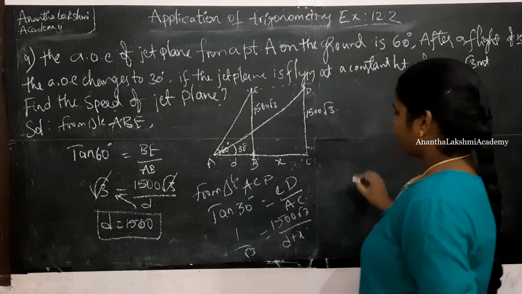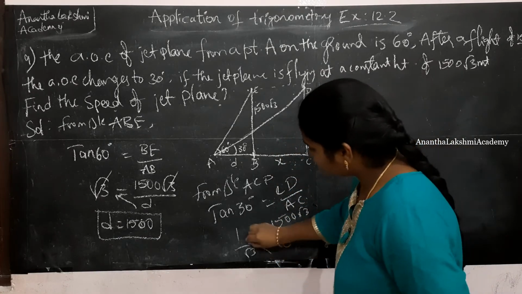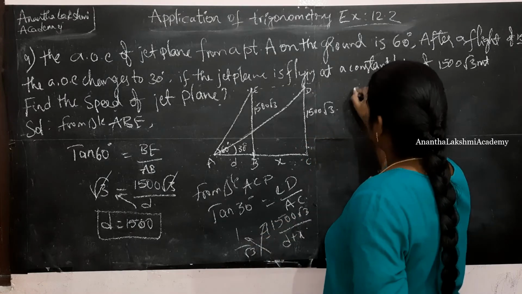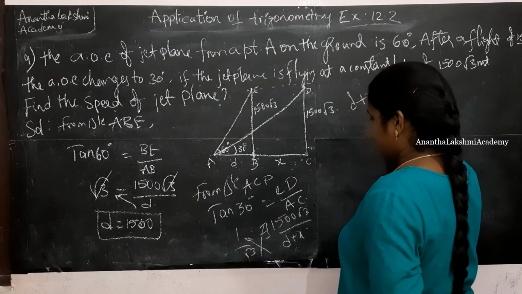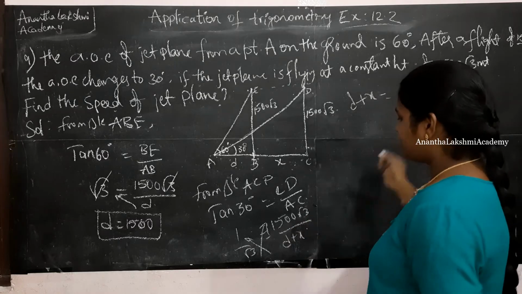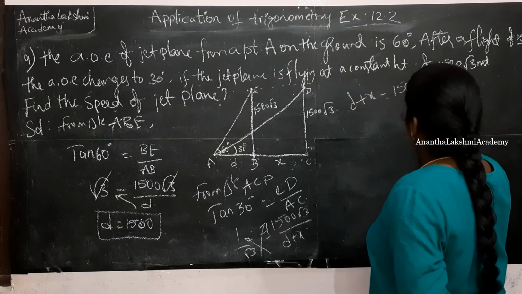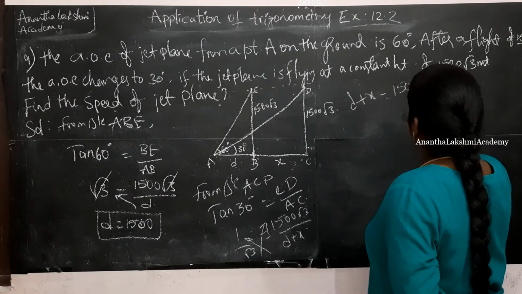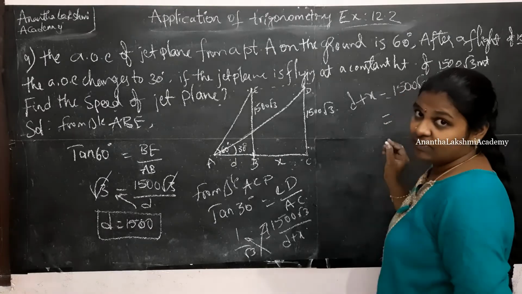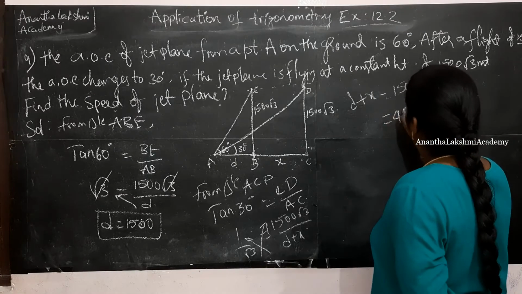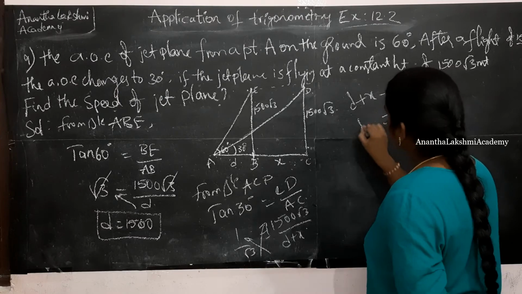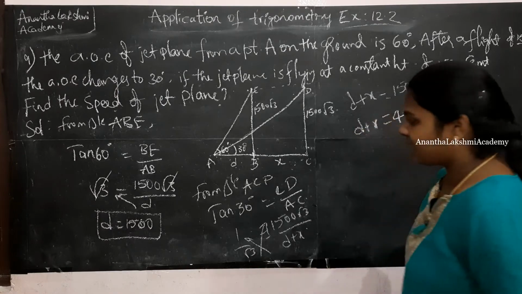If I do the cross multiplication, D plus X is equal to 1500 root 3 multiplied by root 3. Root 3 into root 3 is 3. 1500 multiplied by 3 is 4500. So D plus X is equal to 4500.